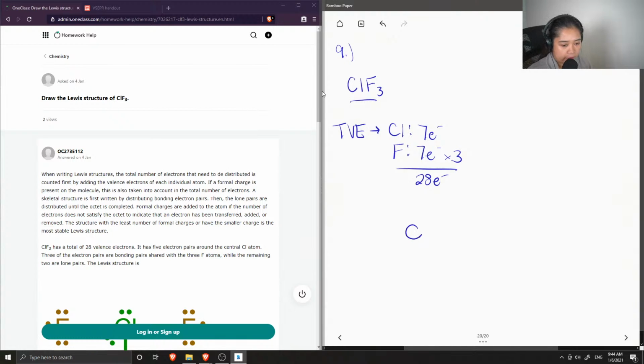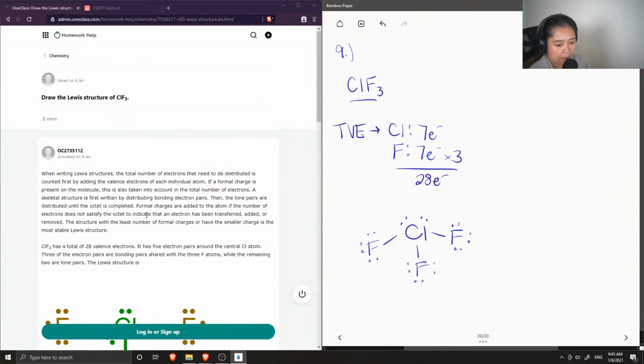So let's draw the chlorine as our central atom, and the 3 fluorines that are singly bonded. And if we were to count all the electrons I've drawn so far, with each bond containing 2 shared electrons, I've drawn 24 so far. So for the remaining 4, I'll add them as lone pairs on the chlorine to get the following Lewis structure.